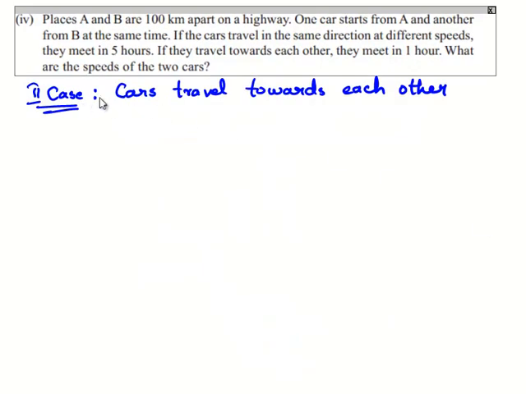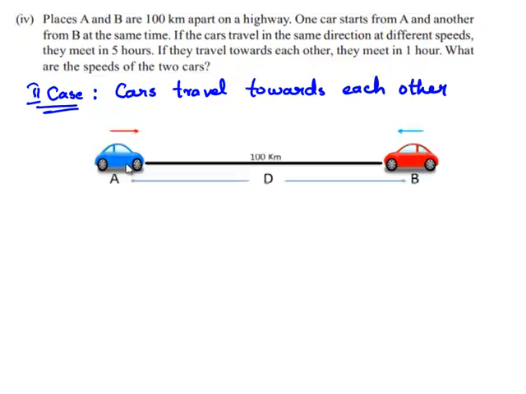Now let us see the second case, which is when the cars travel towards each other. When they travel towards each other, they meet in 1 hour. Car A is starting from the point A and car B is starting from the point B. After 1 hour, they meet at a common point D. So let us calculate the distance traveled by them. We have assumed that car A speed is x kilometers per hour and car B speed is y kilometers per hour.